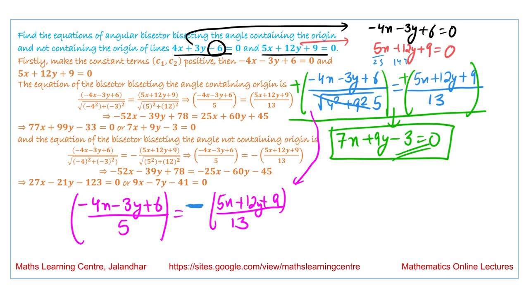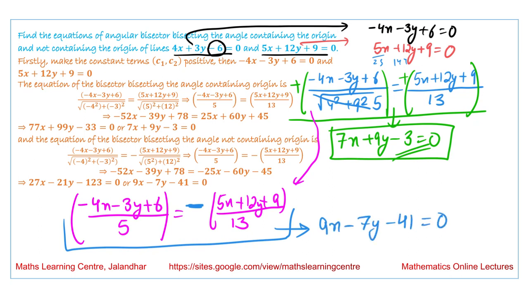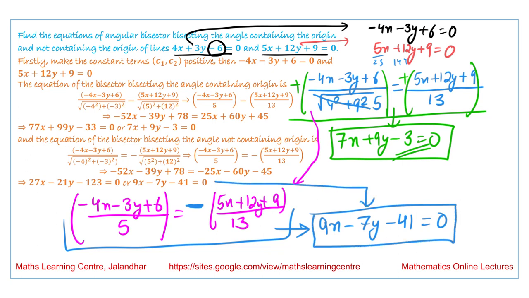So on solving this equation, the answer is 9x minus 7y minus 41 is equal to 0. So this is the equation of the angle bisector which does not contain the origin.